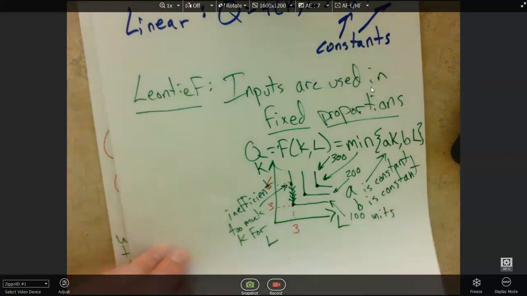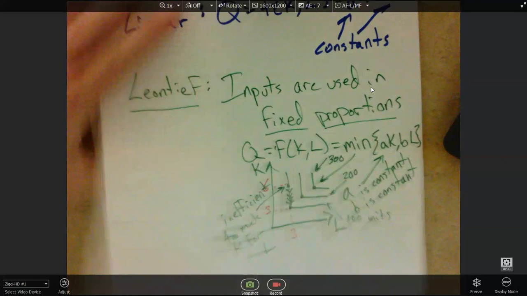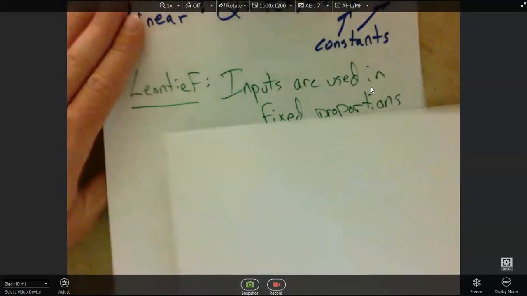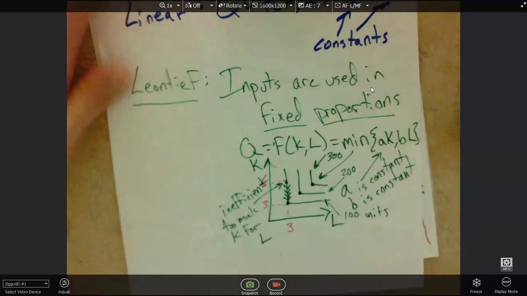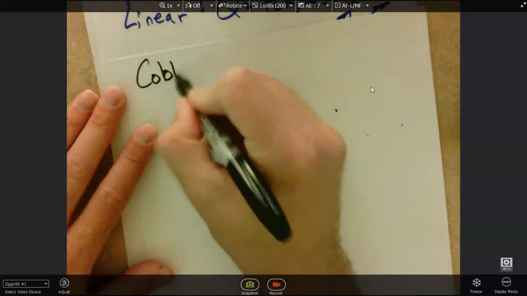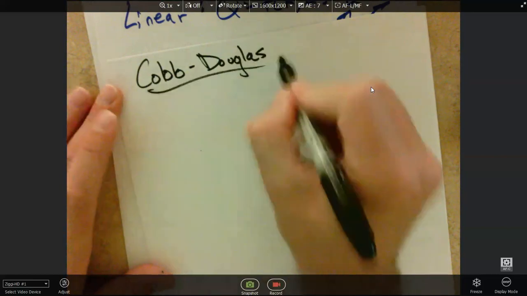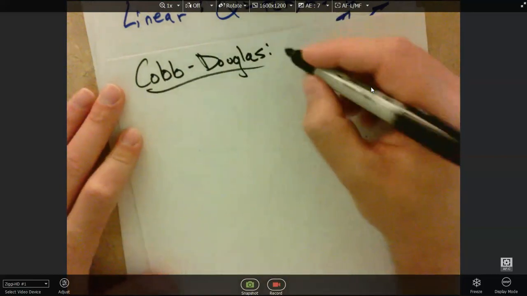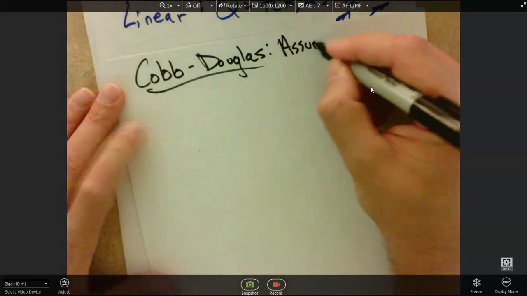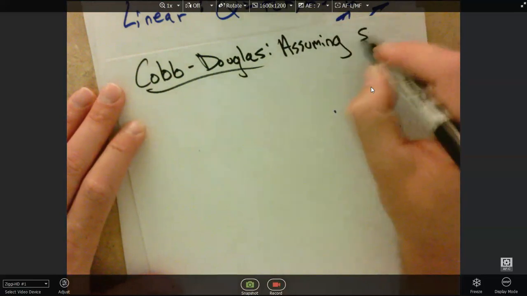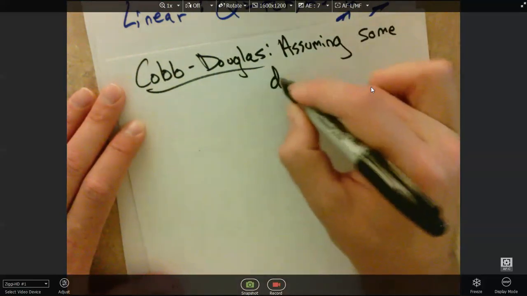And then the last type of production function, which is our most common type, is the Cobb-Douglas, named for two guys. This assumes some degree of substitutability.